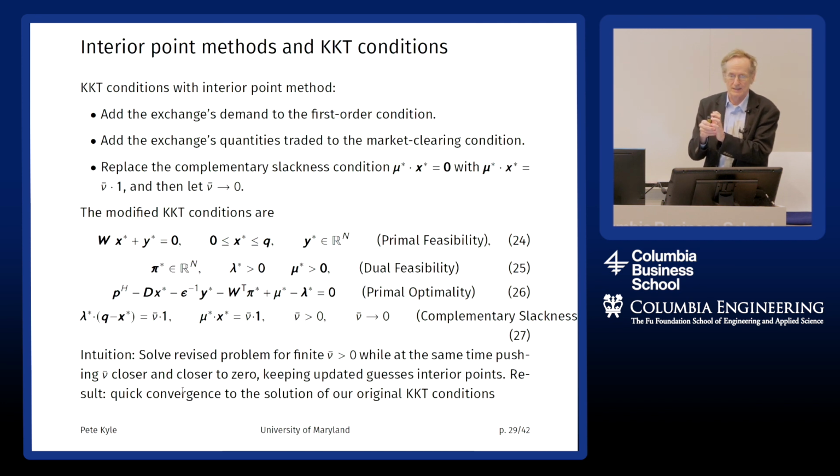The idea behind the interior point method is you replace the KKT conditions with these modified complementary slackness conditions, which come out of the log penalty function. They basically measure how big the penalty is. And that gives you a problem of the form you're looking at in equations 24 through 27.